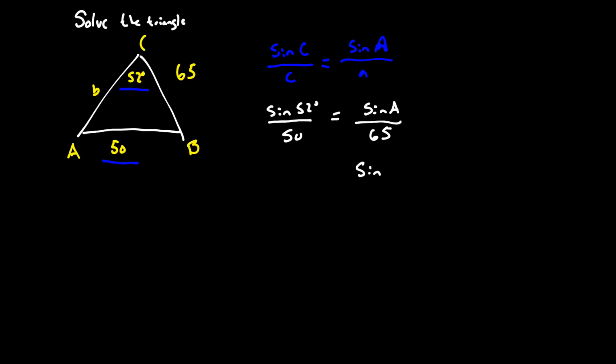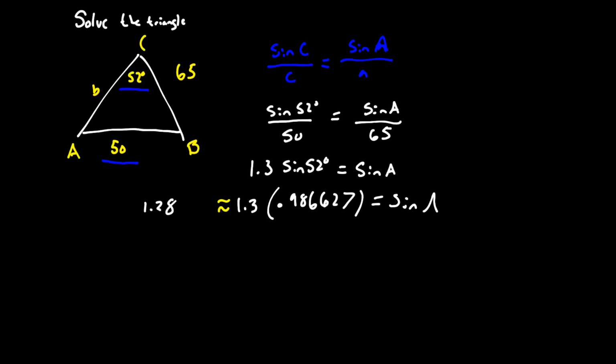Therefore, sine of A is equal to 1.3 times sine of 52 degrees. Evaluating sine at 52 degrees, we're going to get approximately 0.78801. Simplifying this, this is about equal to 1.28.